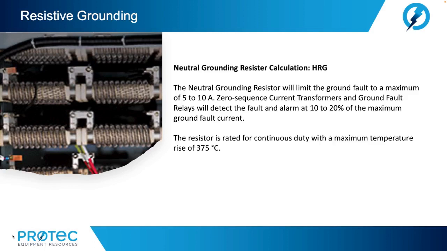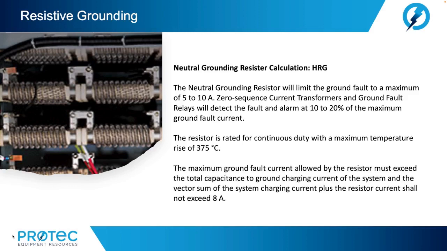The resistor is rated for continuous duty with a maximum temperature rise of about 375 degrees Celsius. The maximum ground fault current allowed by the resistor must exceed the total capacitance to ground charging current of the system, and the vector sum of the system charging current plus the resistor current shall not exceed 8 amps.